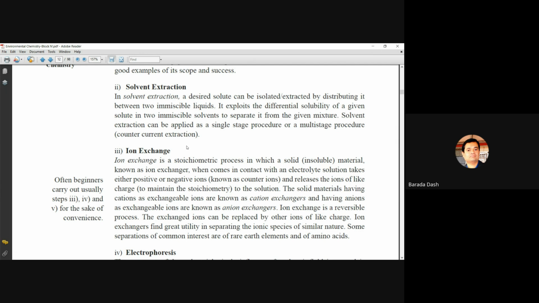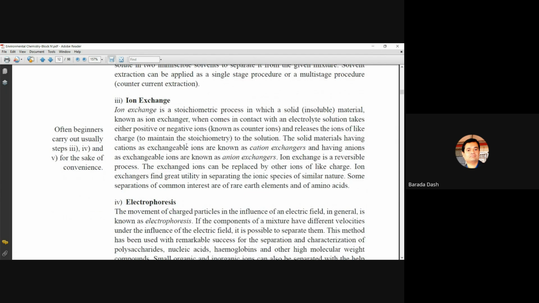Ion exchange. Ion exchange is a stoichiometric process in which a solid material known as ion exchanger, when it comes in contact with the electrolyte solution, takes either positive or negative ions and releases the ions of like charge to the solution.